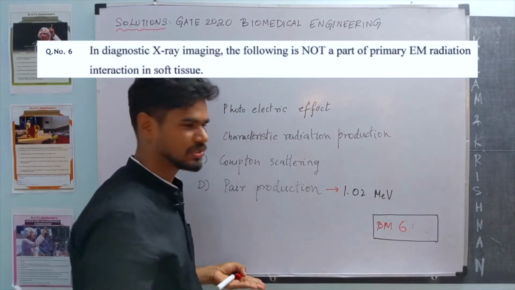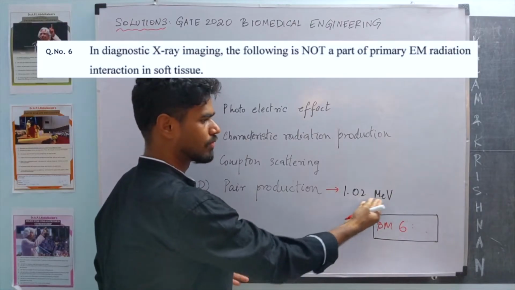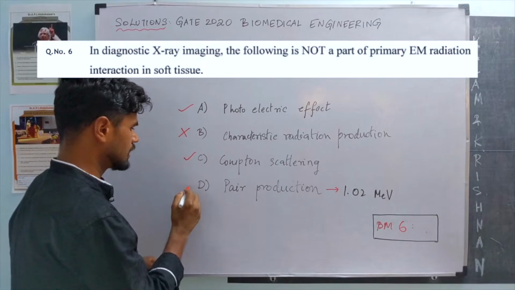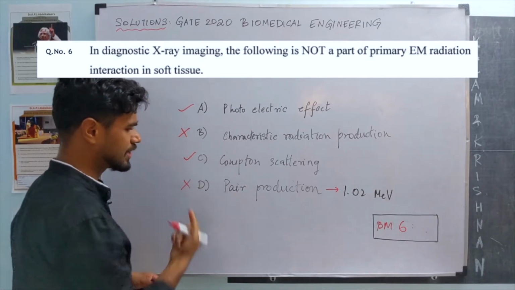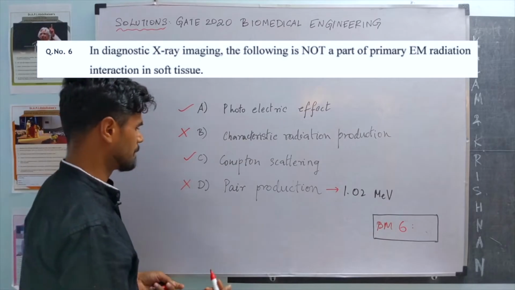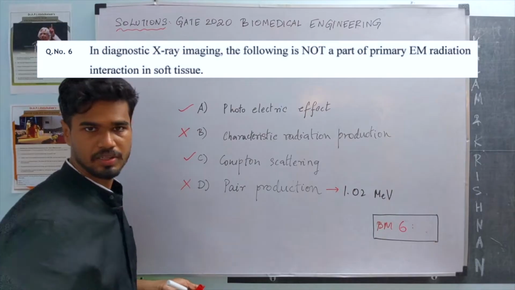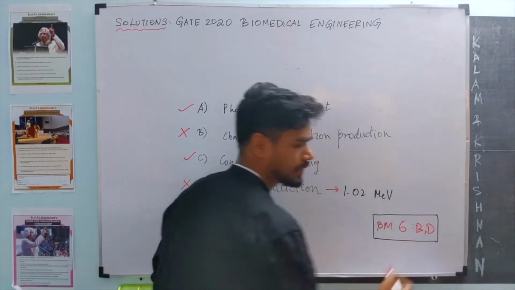But many X-ray emissions are rated much lower, say 150 kilo electron volts. Because of that, though this is possible, it's not likely. So the correct answer here could be either B or D. My answer would be B, but the official answer is both B as well as D.